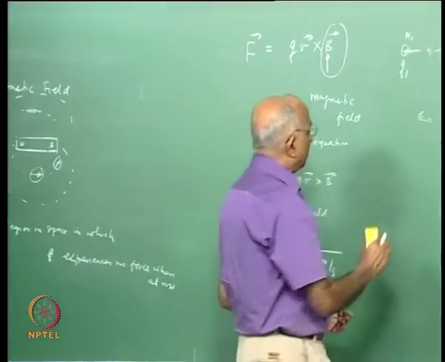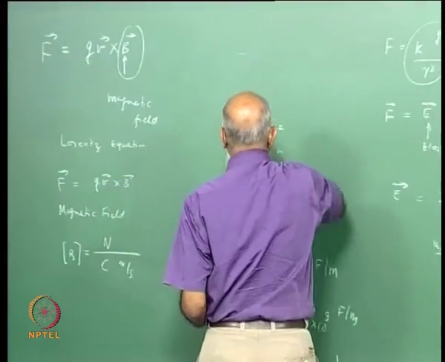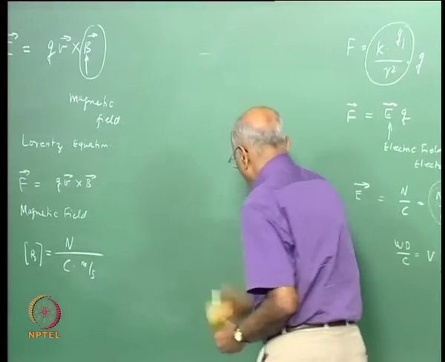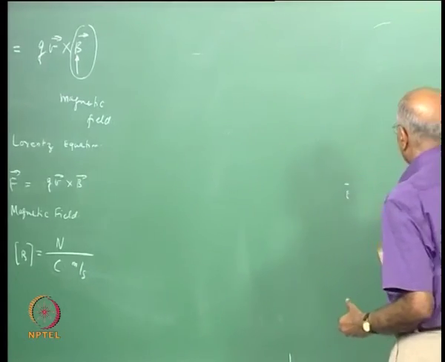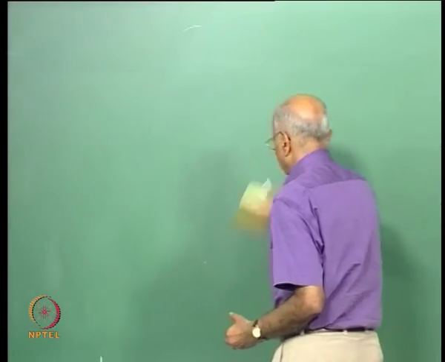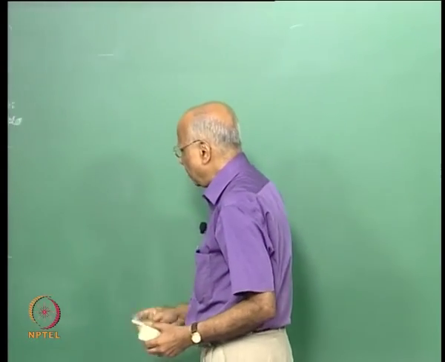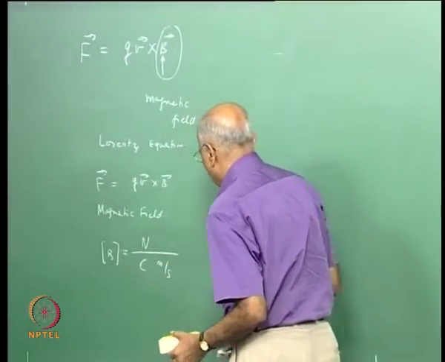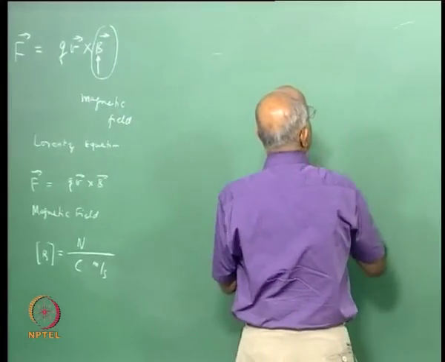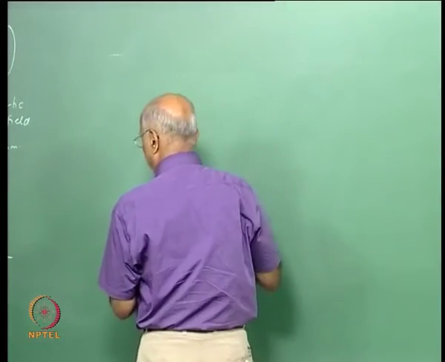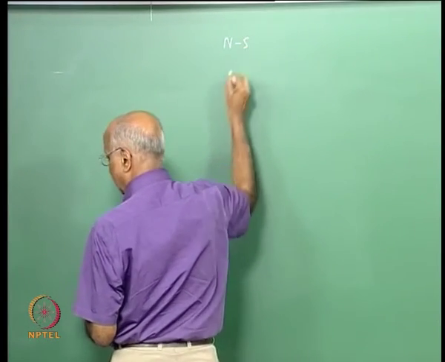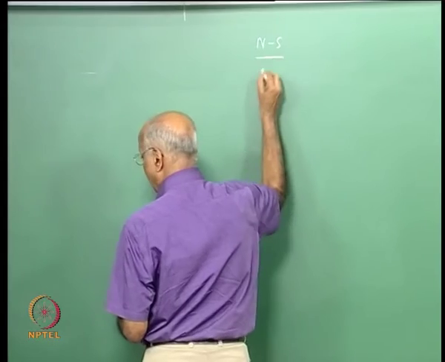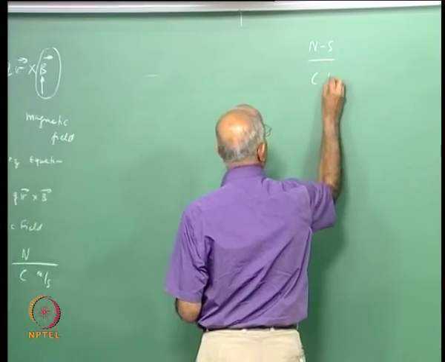Can I simplify it and put it in a way which is easy for me to understand and interpret? Well, I say Newton per Coulomb into meter per second. I write it as, let's write it down here, Newton second by Coulomb meter.